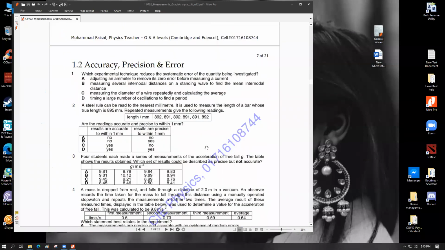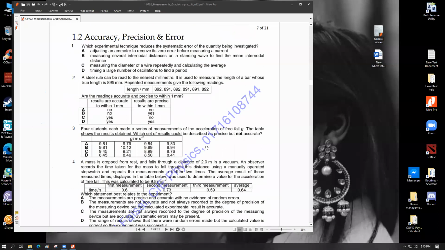No. Page number 7. Problem bolo. Page number 7.